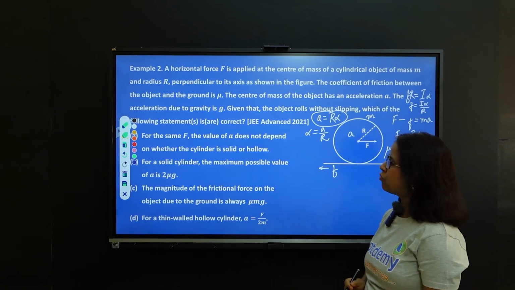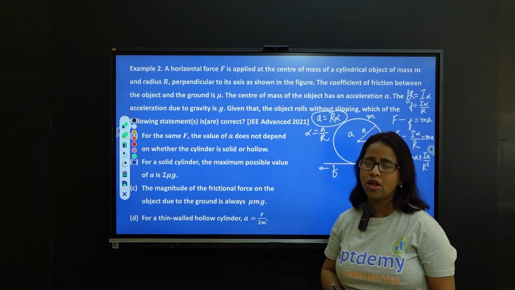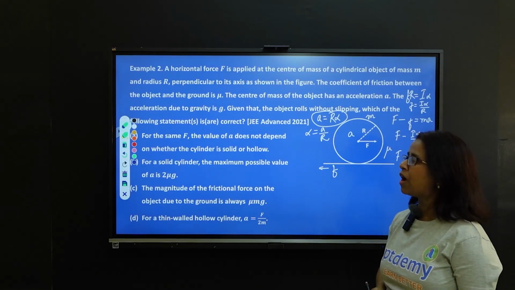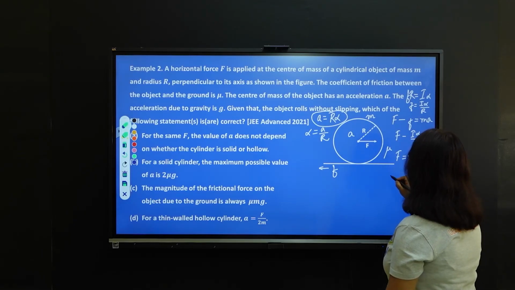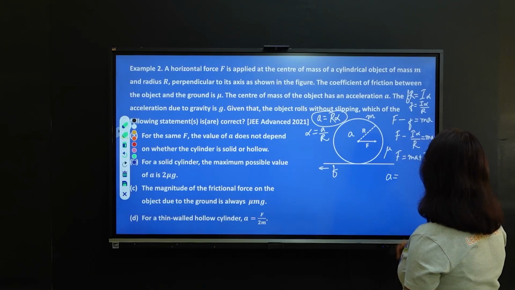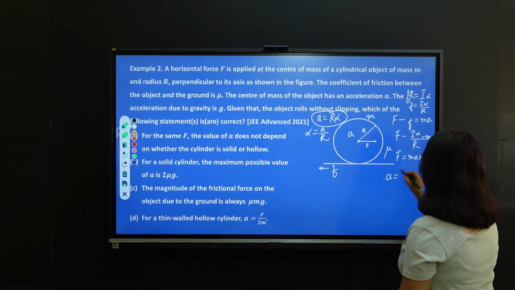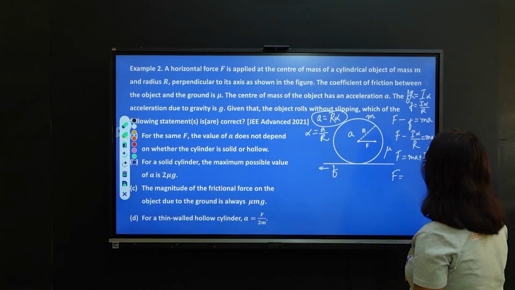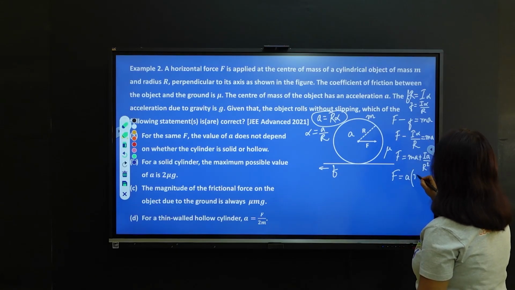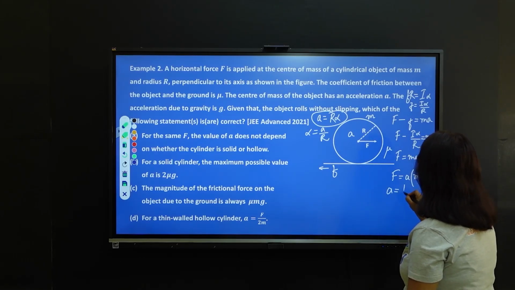For the first condition that we are going to test, we need to find out an expression for the acceleration. So let's do this extra step. We have F equals a times m plus I by R square. So we can see from here that a is equal to F by m plus I by R square.